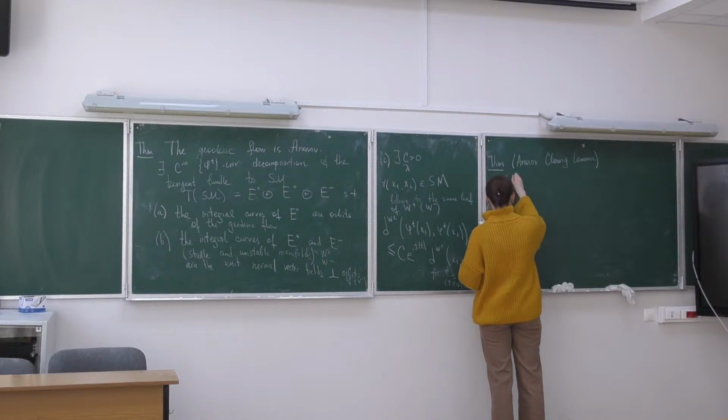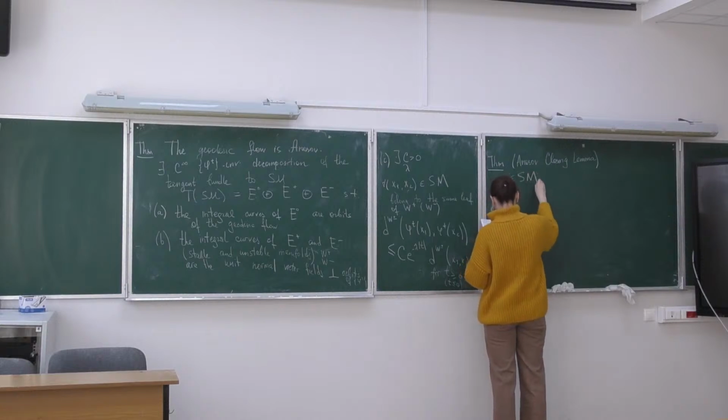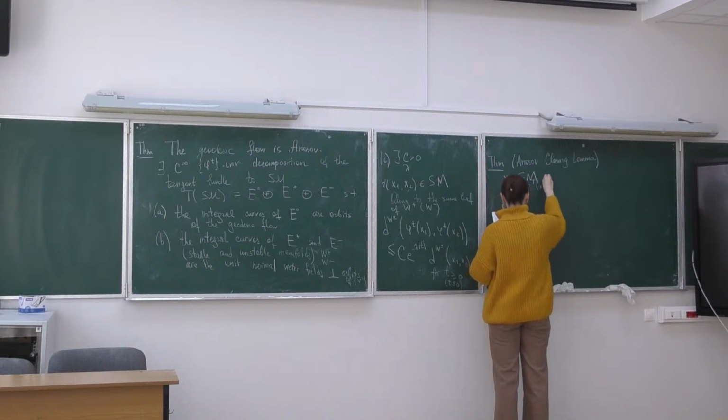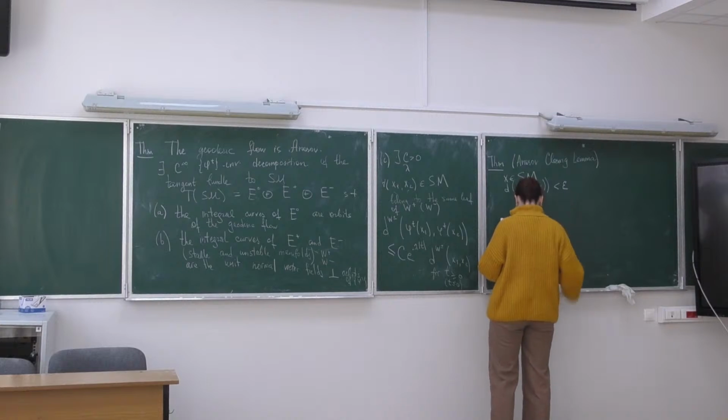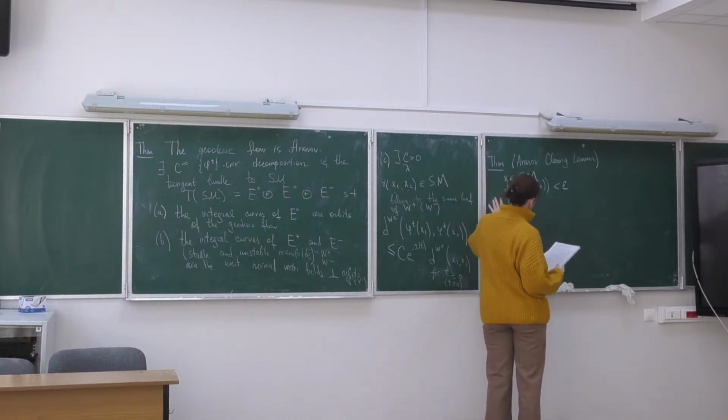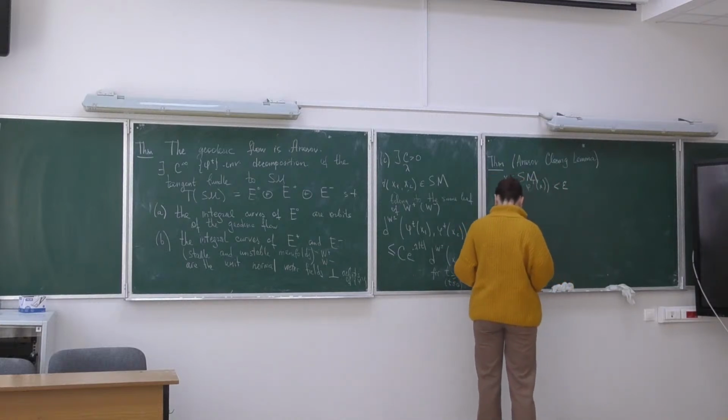So we took a point, and we knew that the distance after some fixed time between this point and its image is smaller than some given epsilon.